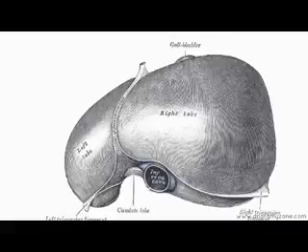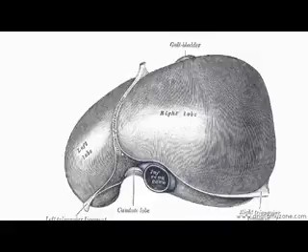We've got the inferior vena cava posteriorly, and you can see the ligaments that I drew on before. So you've got the falciform ligament coming up here, separating the right and left lobes, and it goes off to attach to the anterior abdominal wall. And then you've got the coronary ligaments which come down from the diaphragm, and then you've got the left triangular ligament and right triangular ligament.